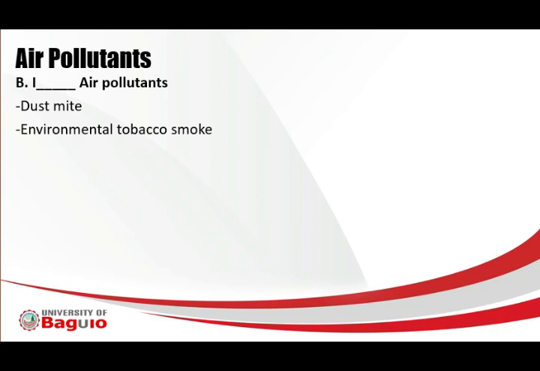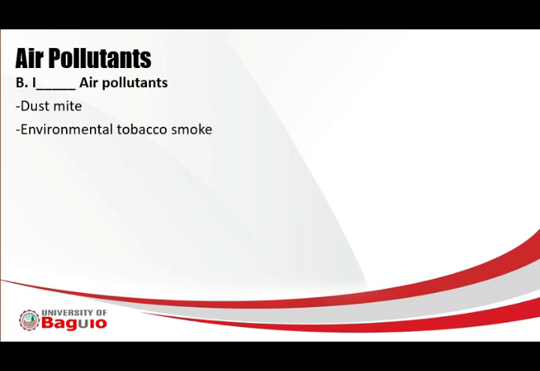Why is it considered an indoor air pollutant? Because we are breathing in the tobacco smoke. As we all know, smoke from tobacco or cigarettes contains a lot of toxic gases, or greenhouse gases, like nicotine, carbon dioxide, and more.